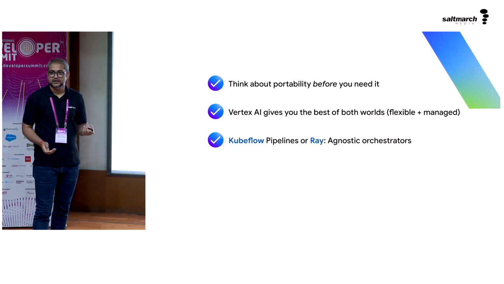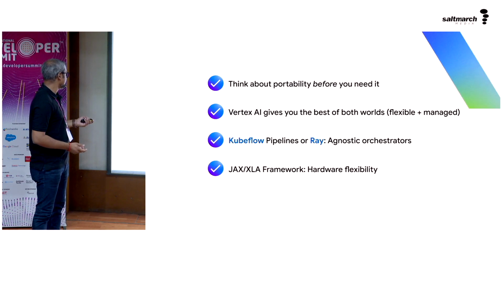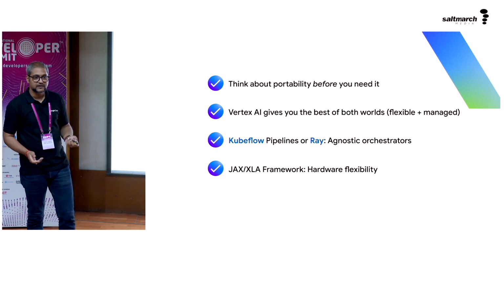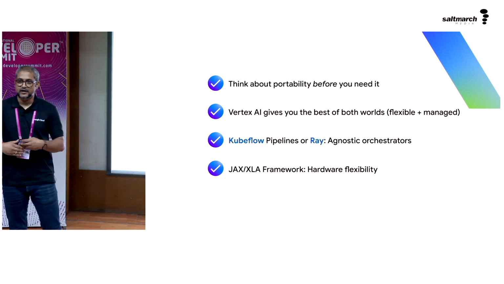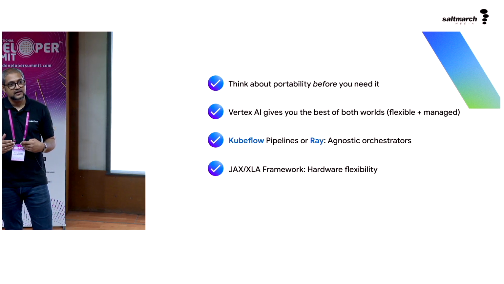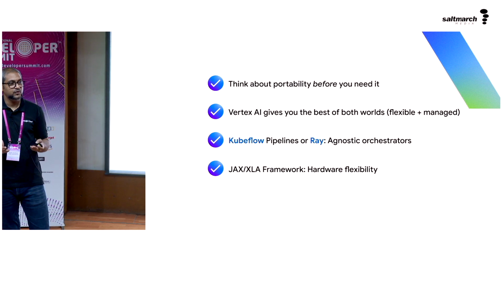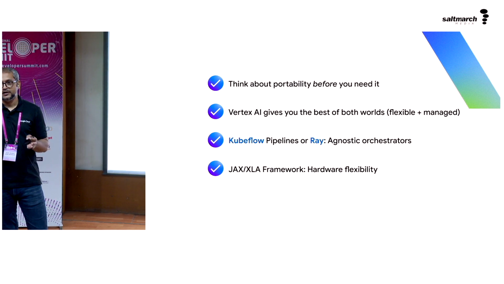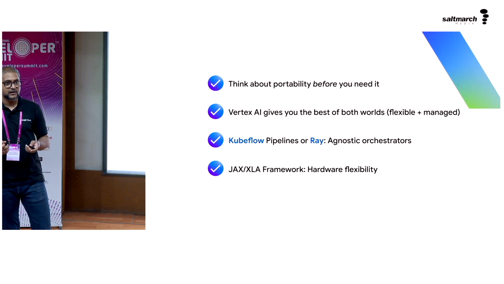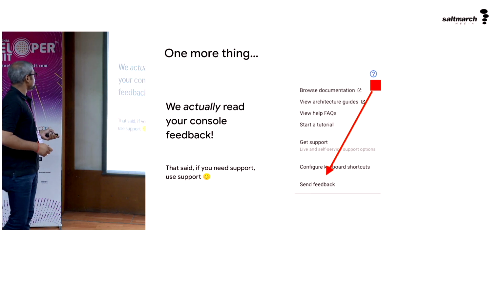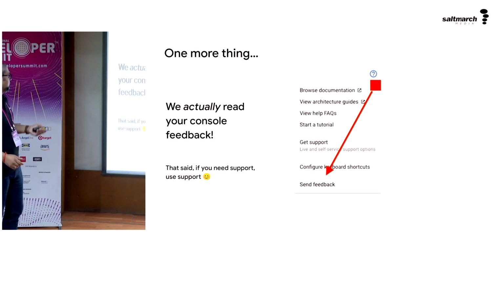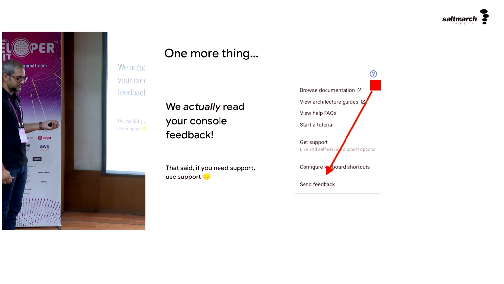Both are agnostic orchestrators. And the JAX framework is hardware flexible. Because it's built from the ground up on OpenXLA, it's compatible with both GPU and TPU. So for model portability, if you are looking for different hardware or accelerators to run your model, it becomes very easy.